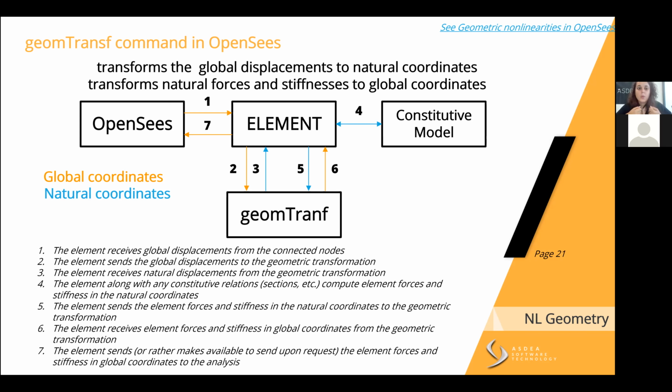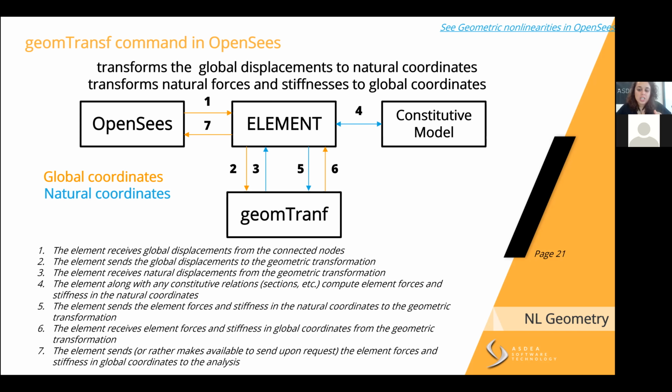And so they can be transferred to, for example, other elements connected to that one, or anyway saved into the results. So this is, let's say, a bit of the cycle of the things that happen. The geometric transformation has to do these 2 specific transformations.